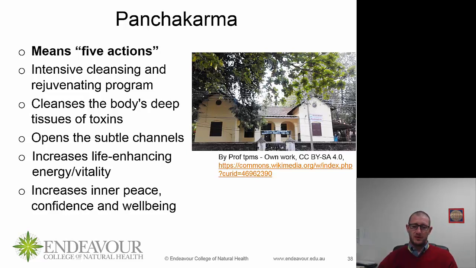Once that phase of the treatment is completed, then the 5 cleansing methods are applied. And we're talking here about emesis, so vomiting, purgatives, enemas, and then treatment focused on cleaning the blood and clearing toxins through the system. So you can understand why it's a very intense kind of process to go through.